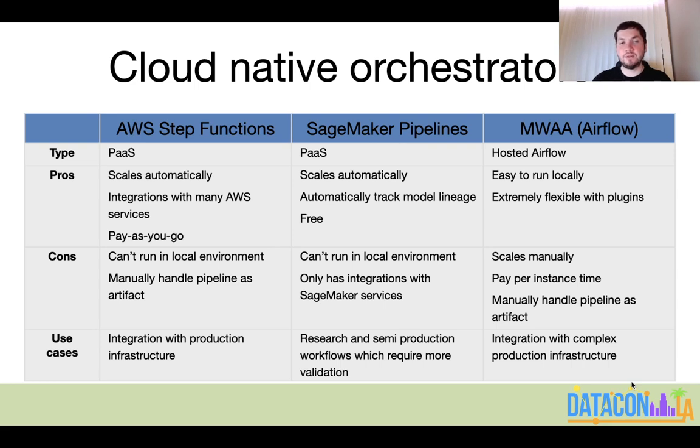There are multiple cons though, because it cannot run in a local environment, and we have to handle the pipeline as an artifact. So in our case, we will use AWS Step Functions because it provides integrations with all the different services which I mentioned before. But SageMaker Pipelines can be useful as well in case you want to start with research and then transition your pipeline into production.